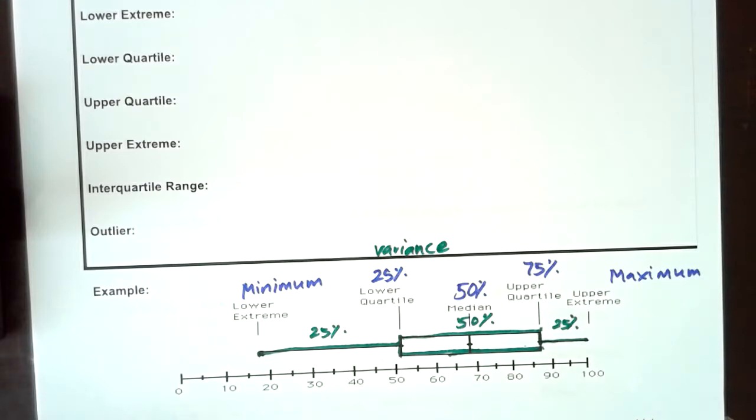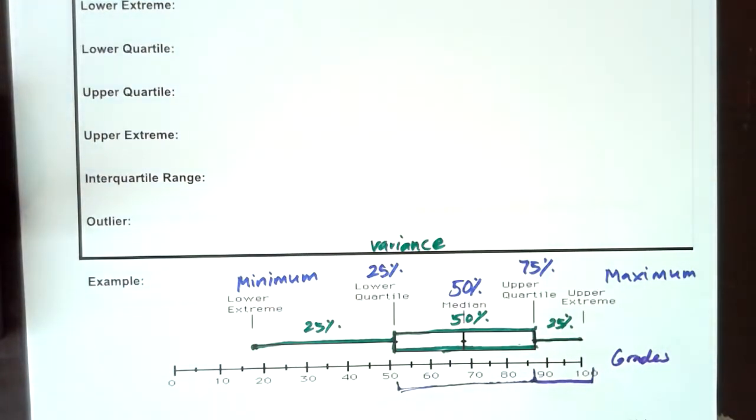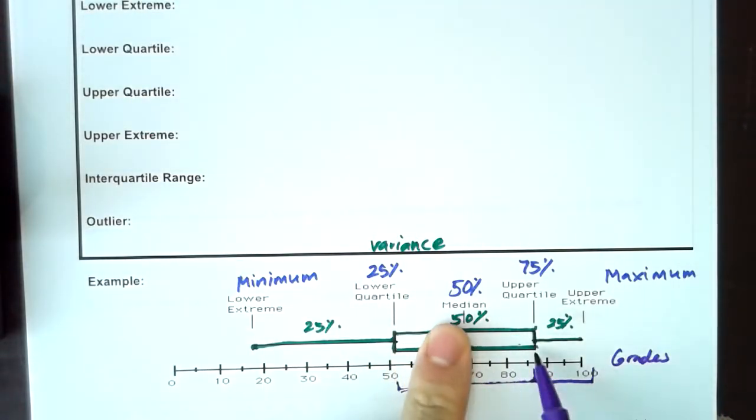The perfect example for this, I would say, is grades. If this was grades in Mr. Quo's class, you would say 25% of the class got this grade, which is very good. 50% of the class got a score of 50 all the way to 90, which is good, but I kind of wish that it was not as near 50, because we all know that in the world of grades, 50% is an F. So I kind of wish the box was only like maybe from 70 to 90.